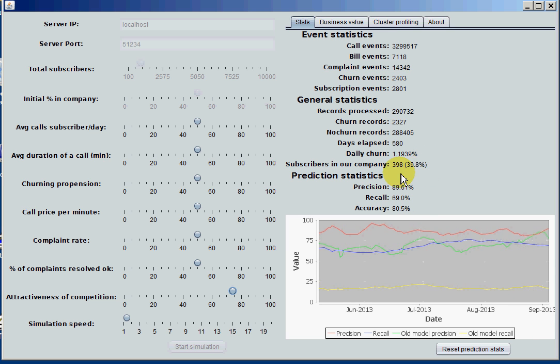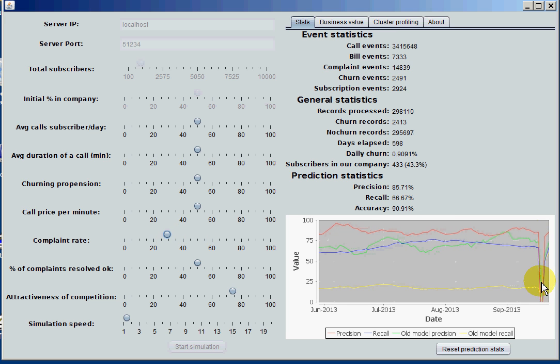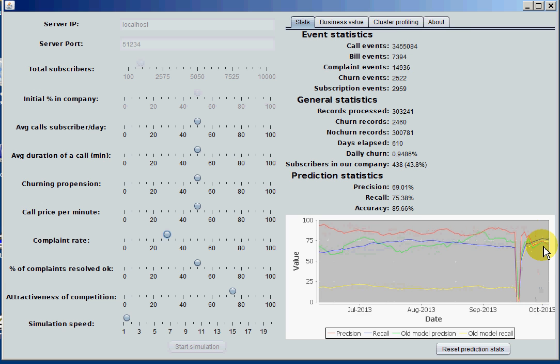Now let us change some other parameter. Say that we counterattack by offering better service, so the complaint rate goes down. See again, the predictive power of our system has gone down temporarily for a little while.